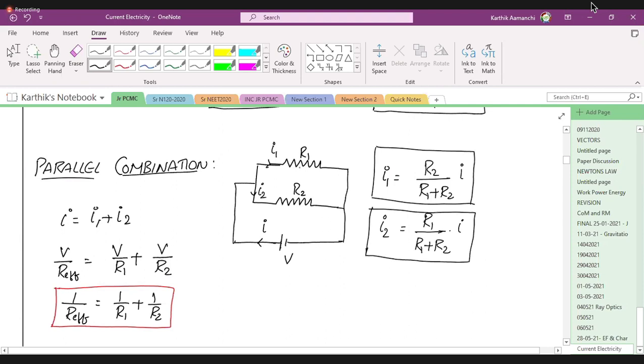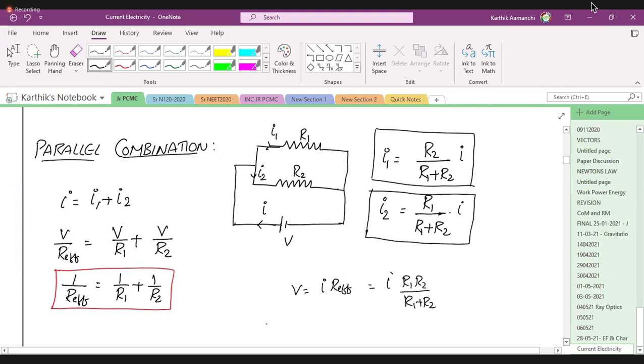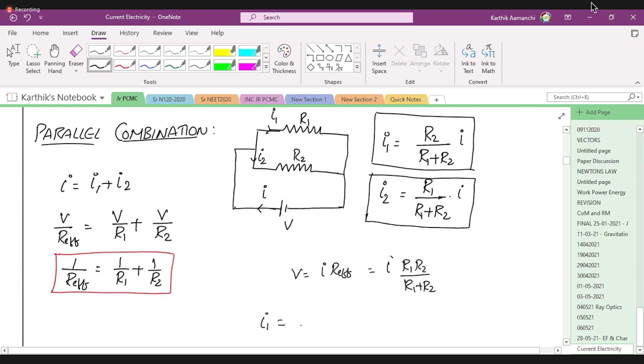Your I1 is nothing but V by R1, right? But I know V is equal to I into R effective. So I1 will be equal to V divided by R1, and V is I into R1 R2 divided by R1 plus R2. R1 gets cancelled.